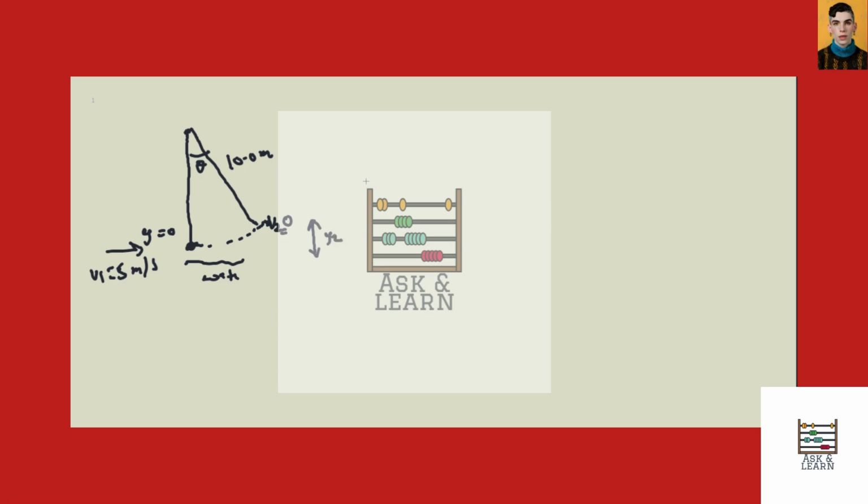So we apply the law of conservation of energy at these two locations, 1 and 2. We write E1 equals E2: half m v1 squared plus m g y1 equals half m v2 squared plus m g y2.